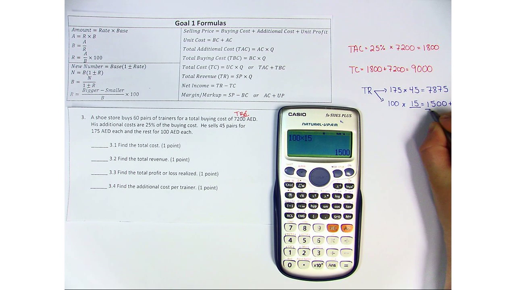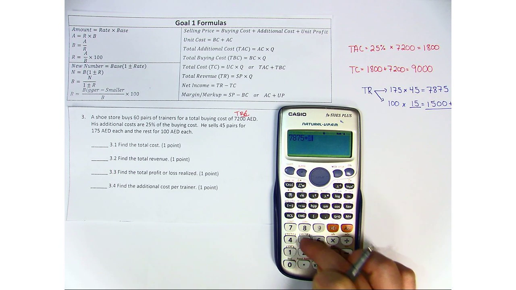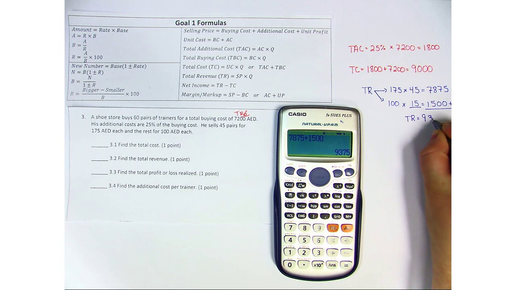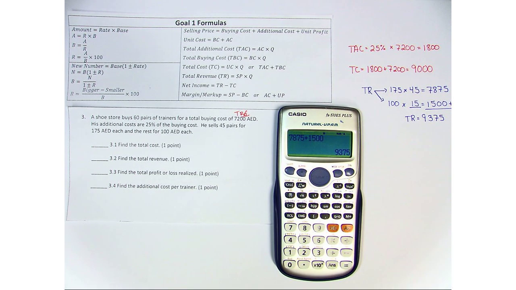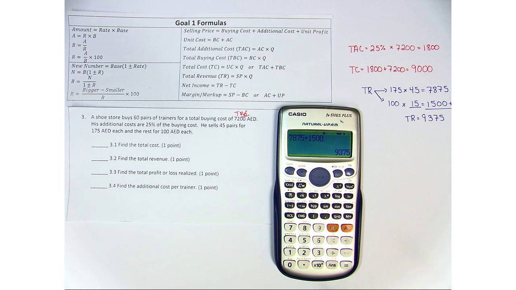If we combine both sales together, 7,875 plus 1,500, that means that his total revenue for both sales was 9,375. Okay, so now we have the total revenue. The next question is find the total profit or loss realized. Now when it says total profit or total loss, what they're asking you for is the net income.